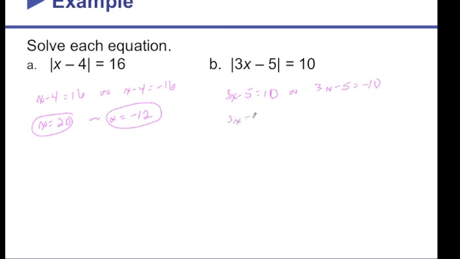So 3x equals 15 and x equals 5, or 3x equals negative 5 and x equals negative 5/3. Those are the two solutions. An absolute value equation, unless it equals 0, usually has two solutions.